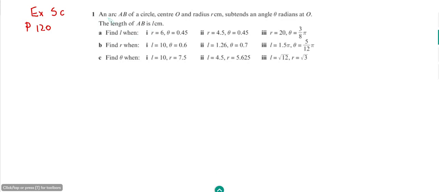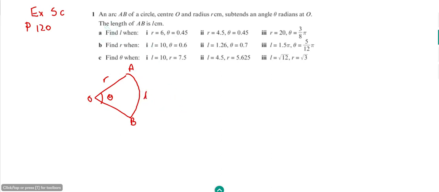In this, we've got an arc AB of a circle, centre O, radius r, and it subtends an angle theta radians at O. If we draw a diagram of that situation, we've got part of a circle, a sector with a radius r, with the angle theta, and we're calling this A, B, and there's O, and we're saying that this length AB is L.